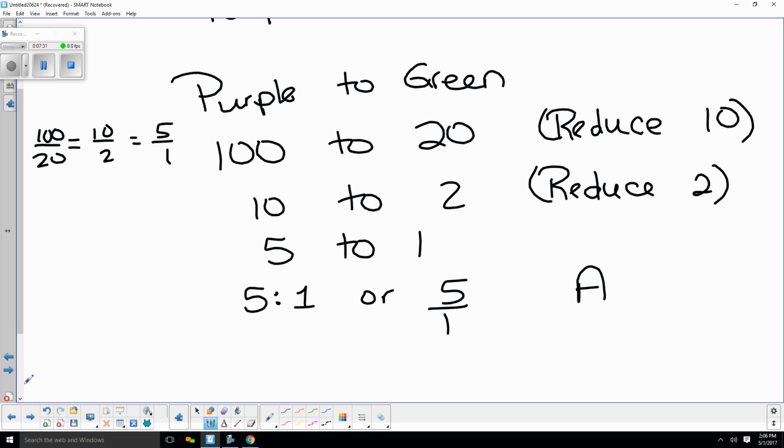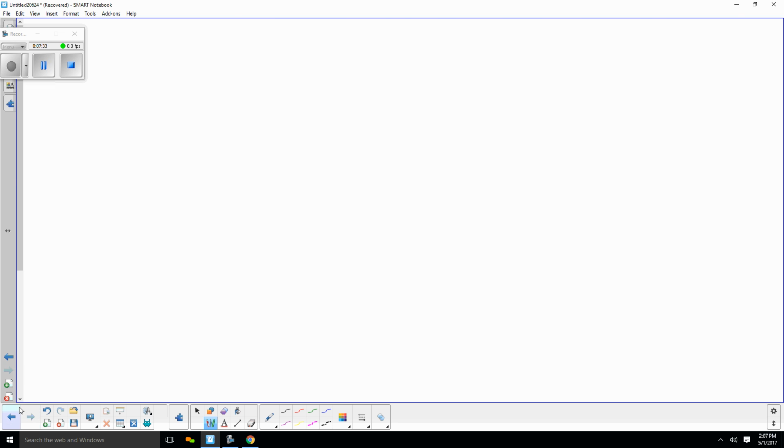Also remember that on the SOL test, when you finish a problem, when you click next, you cannot go back. So you've got to make sure you're comfortable with your answer. My suggestion is, after you've worked it, if you feel like you need to rework it again, get a new sheet of paper. It could be an old piece of paper.